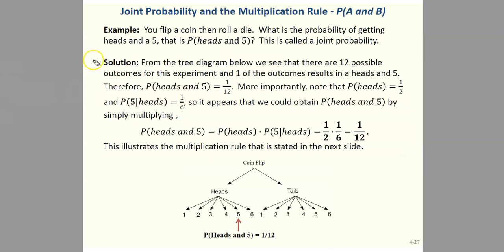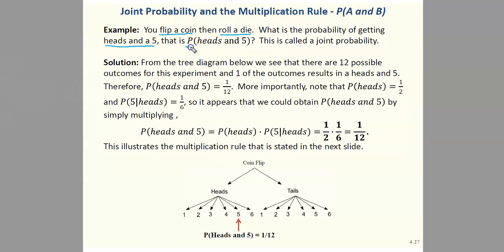Now to start, let's consider this simple example. This is going to illustrate how the multiplication rule works for evaluating the probability of A and B. So in this example, what we do is we first flip a coin and then we roll a die. We want to calculate the probability of getting heads and a 5.